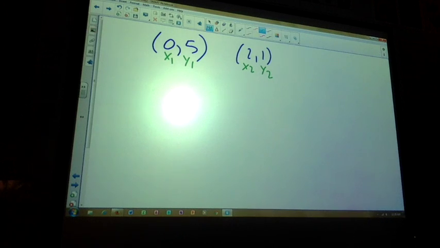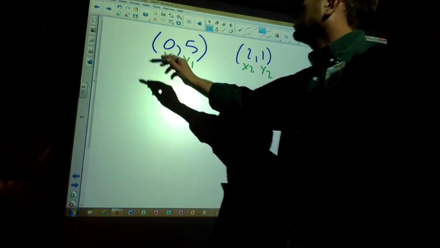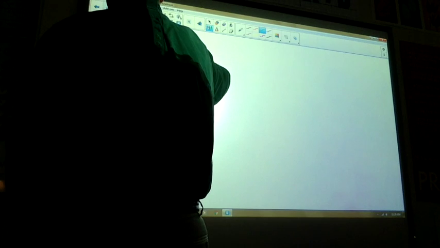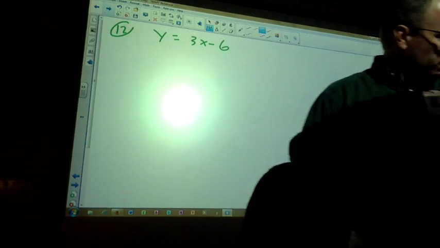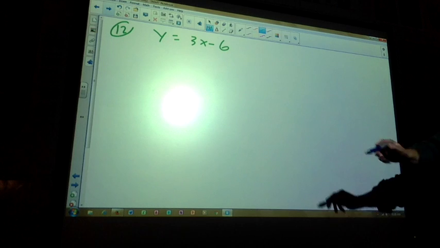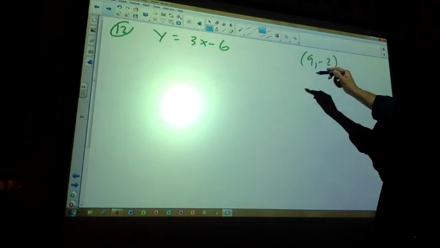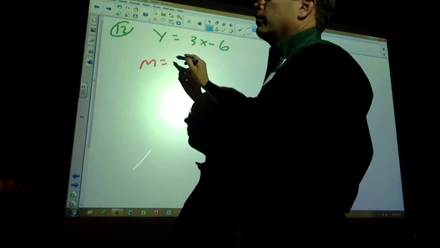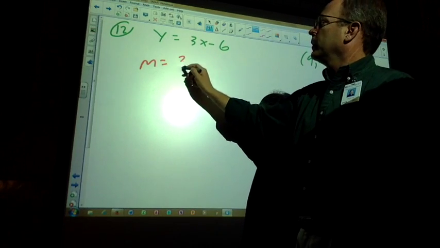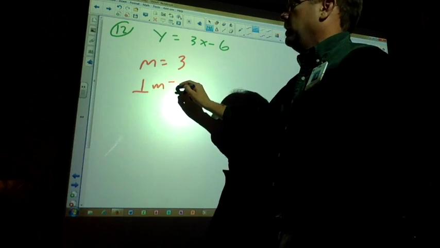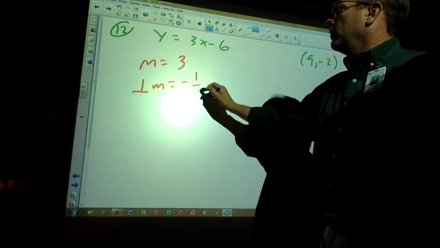Perfect. Anything else? Going once? Going twice? Oh, can you do 12? Well, we made it to a 2 count. Number 12, perpendicular to, okay, and passes through this point. All right, what is the slope of this line right now? 3. And then the perpendicular slope has to be the opposite sign and reciprocal, so -1/3.